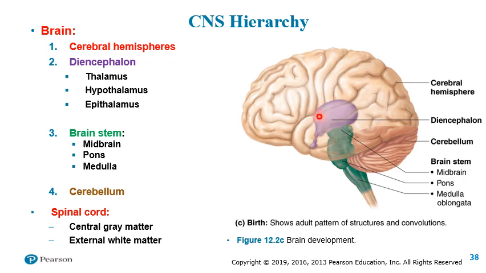This area is very important for regions that control a lot of body functions and also memory formation. Here we're going to have the thalamus and the hypothalamus that is right in the center, close to the pituitary gland, and the epithalamus. This is all going to be this diencephalon purple area here.